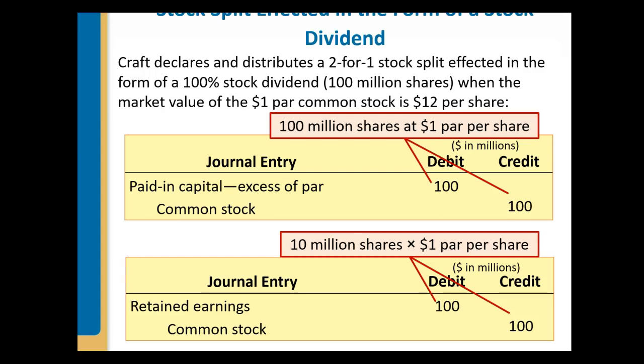In that case, a journal entry increases the common stock account by the par value of the additional shares. To avoid reducing retained earnings in these instances, most companies debit paid-in capital, excess of par, to offset the credit to common stock. Note that this entry does not reclassify earned capital as invested capital. Some companies choose to debit retained earnings instead.